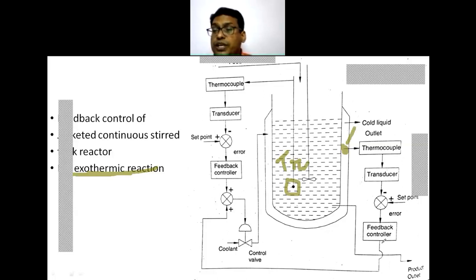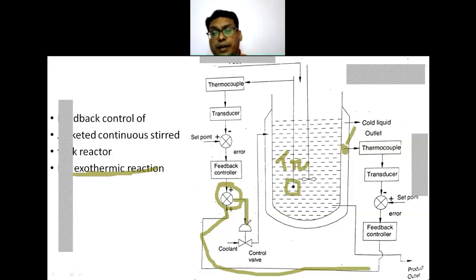So both of these are to be compared, and then the final decision is taken, which goes to a control valve which adjusts the coolant temperature. So this is the feedback control of the jacketed continuous stirred tank reactor.